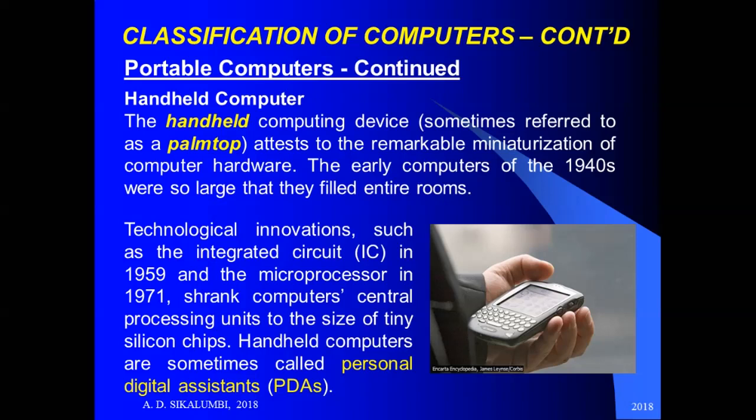They are not in existence. But can we say they were computers? I can arguably say yes, they were computers. Why? Because they could process information. 2, they could save information. 3, they could retrieve information. 4, they could send information. 5, they could receive information.